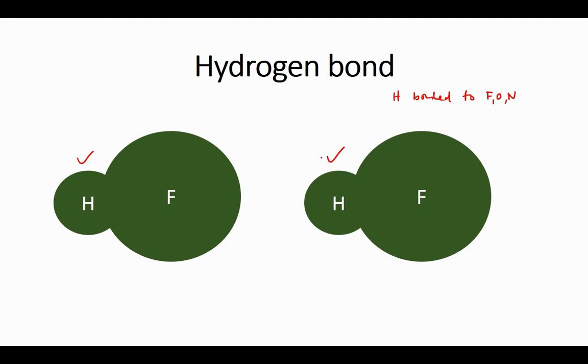So the same goes to this hydrogen here. So between this hydrogen and the fluorine atom from the other molecule akan menghasilkan hydrogen bond lah, which is stronger than the dipole-dipole and London forces. But keep in mind that hydrogen bond is only formed when H is attached to F, O atau N sahaja.